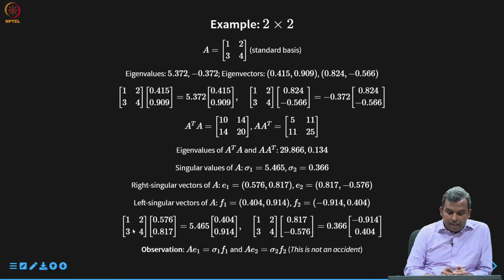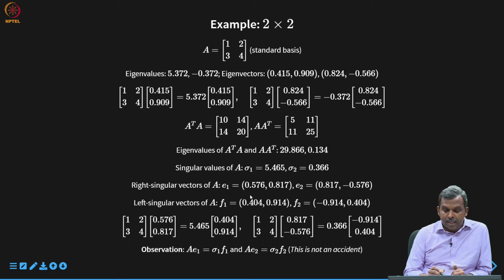So, you take A and multiply by the right singular vector, the first one here E1, notice what you are getting, you will get sigma 1, the singular value multiplying F1, okay.